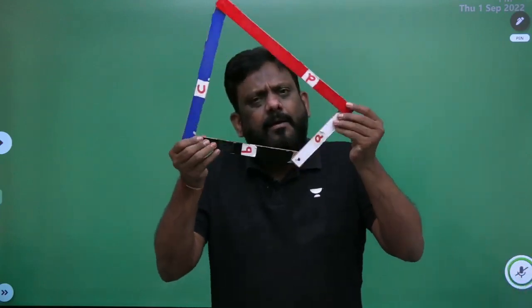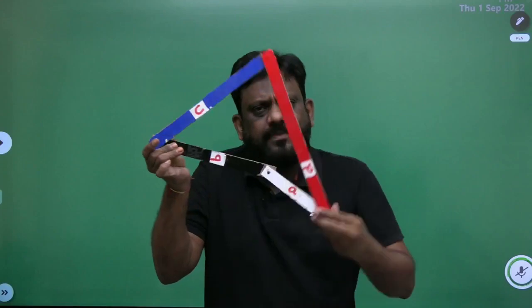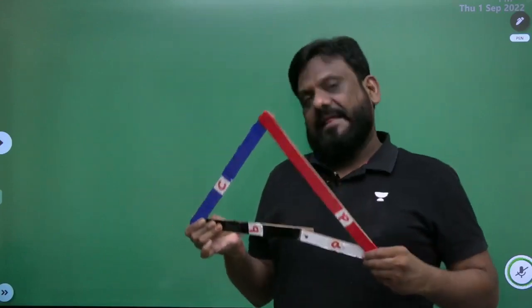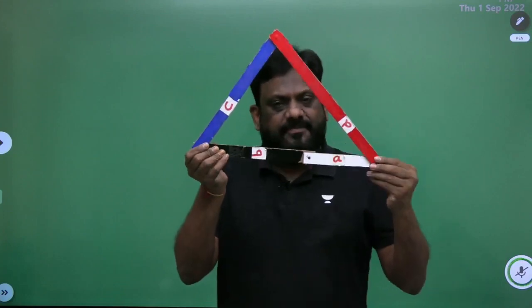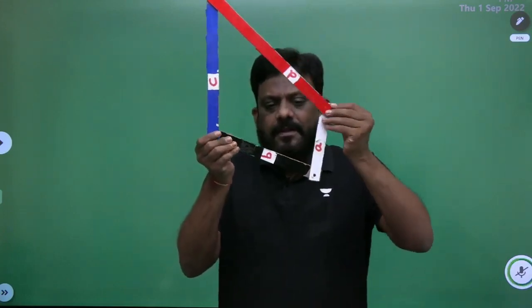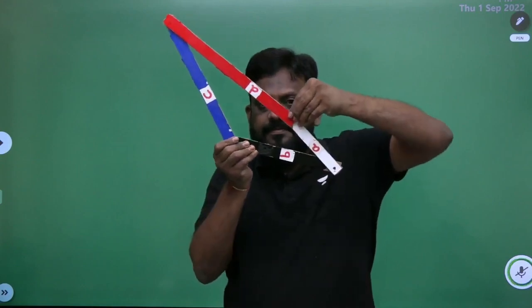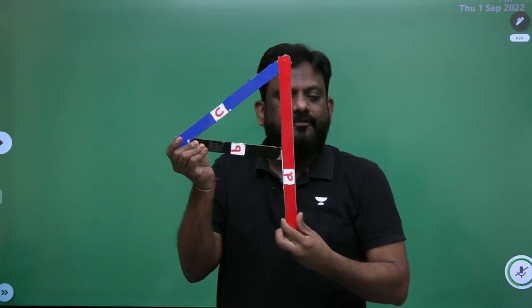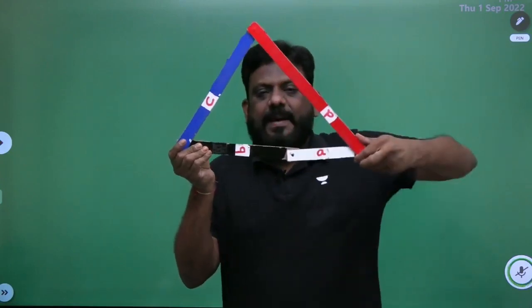During the course of its complete rotation, let us track some paths. Please observe here. This is one path, this is another path, this is the third path, and this is the fourth path. And finally it is back.